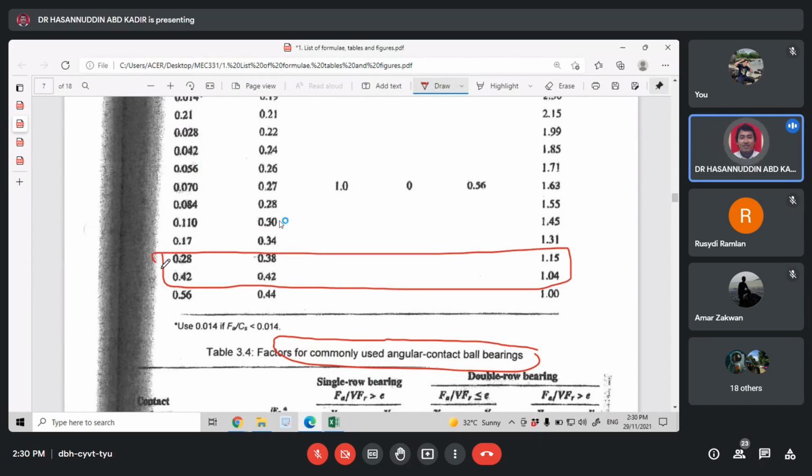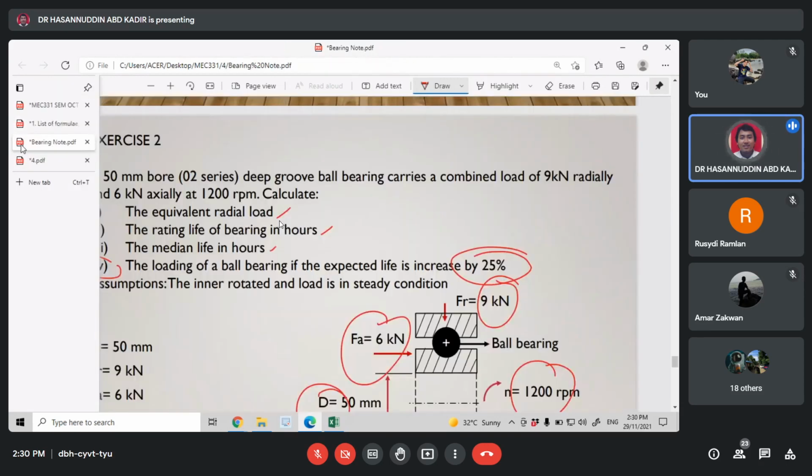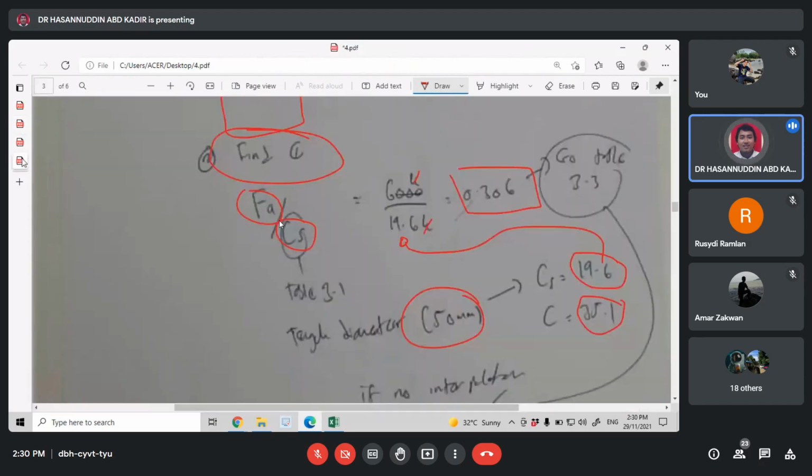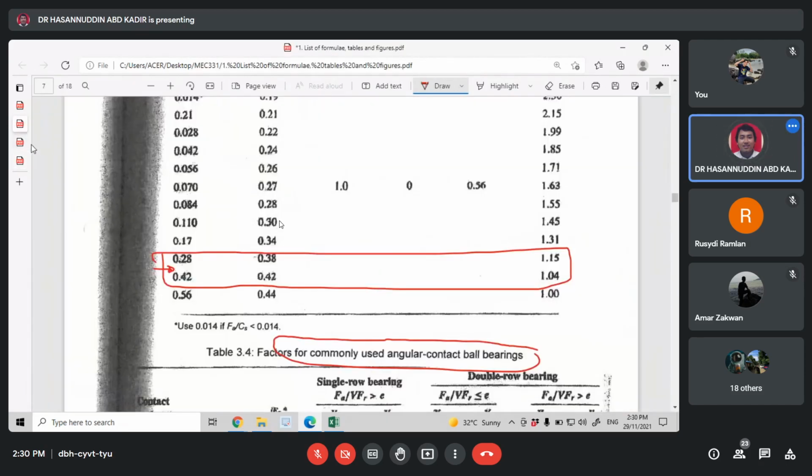As I mentioned yesterday, we cannot easily take the highest one. For the bearing condition, we cannot apply that. We need interpolation here. So our value is 0.306 on this area.